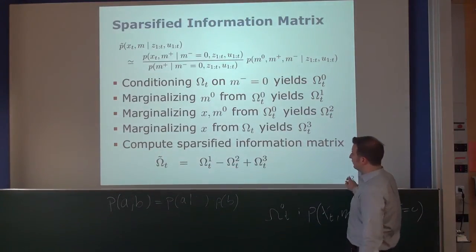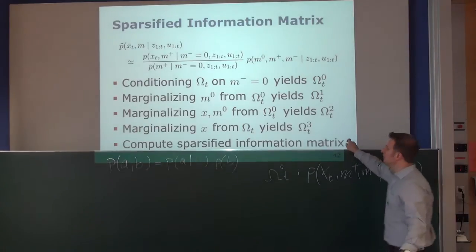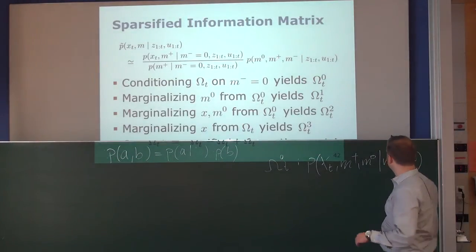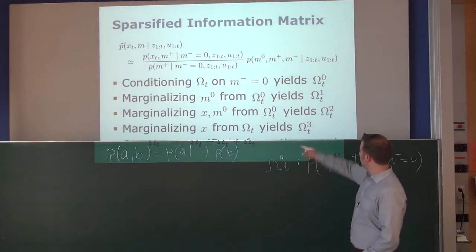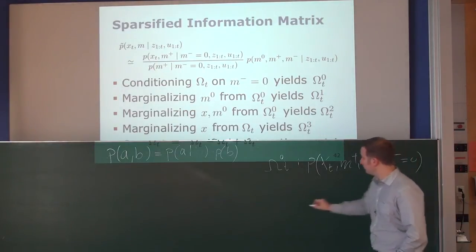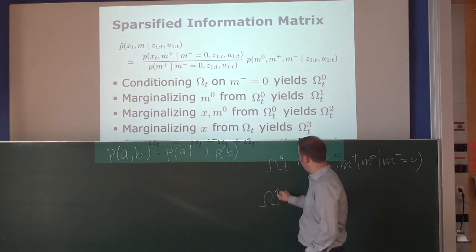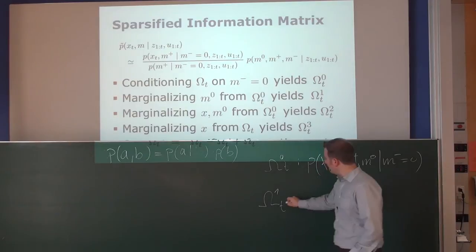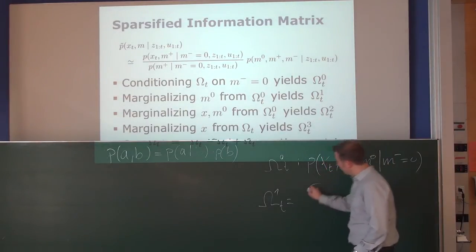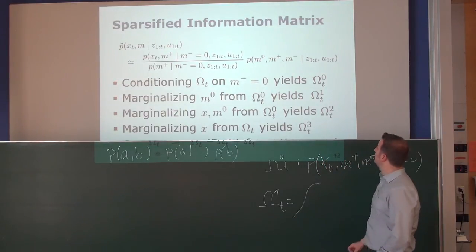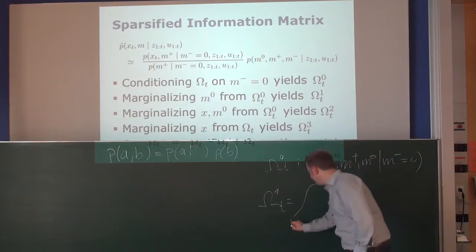Okay, what I then do is marginalize out m0. This gives me an information matrix omega 1, which is just the integral over m0.